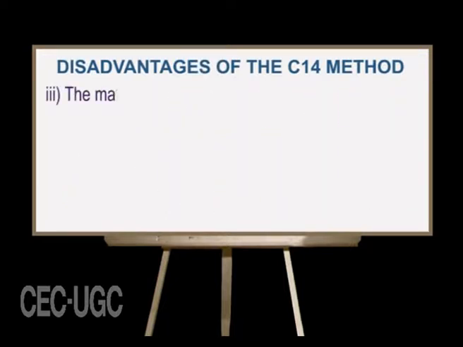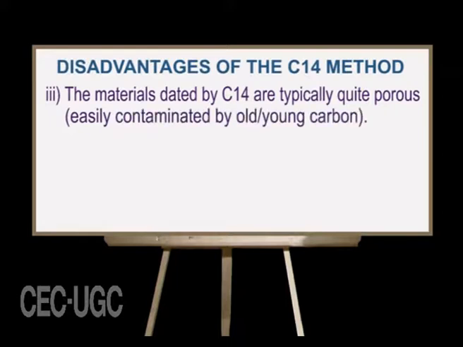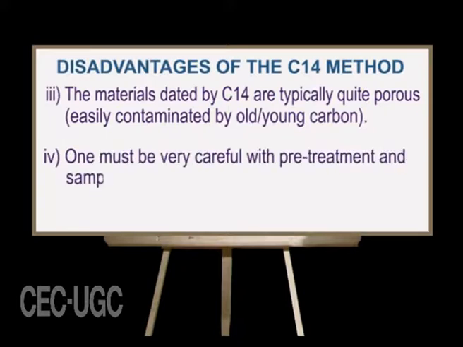Thirdly, the materials dated by C14 are typically quite porous, that is, easily contaminated by old or young carbon. And fourthly, one must be very careful with pre-treatment and sample selection.